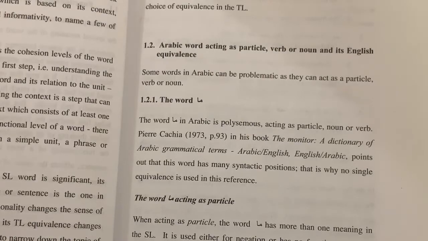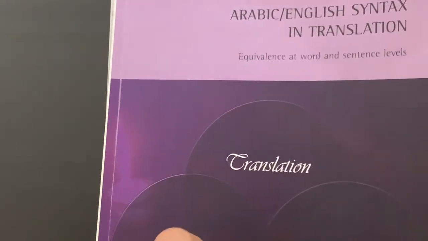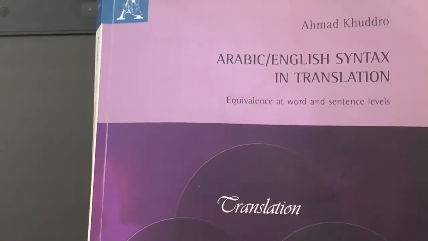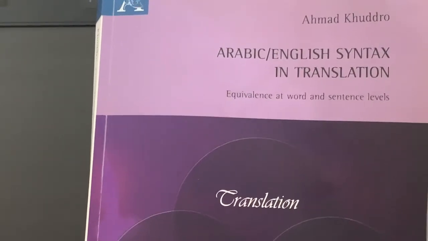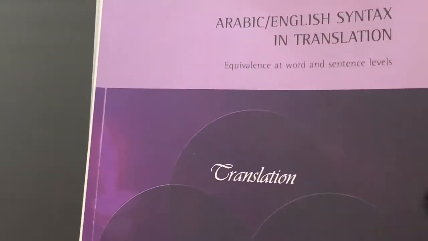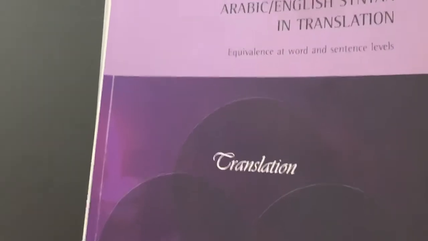I can show you what the title of it is. This is the book itself, the book cover, and you can see it is called Arabic into English in Translation: Syntax in Translation, which was published in 2013 by a well-known publisher in Italy, in Rome.